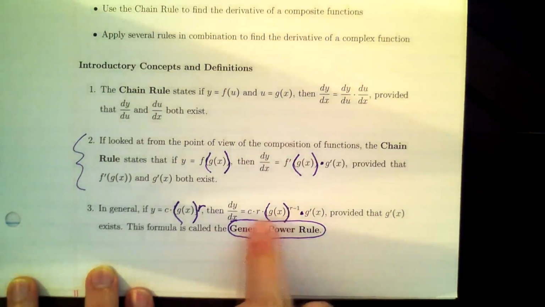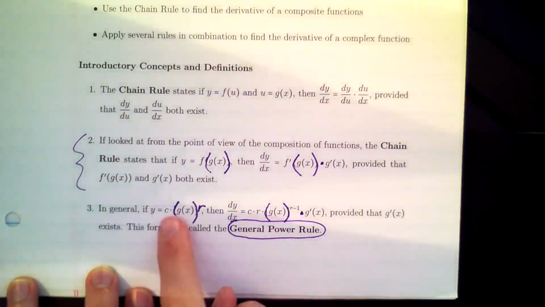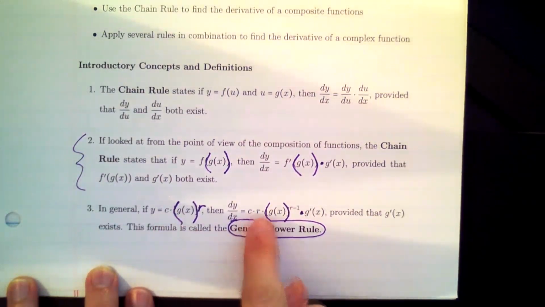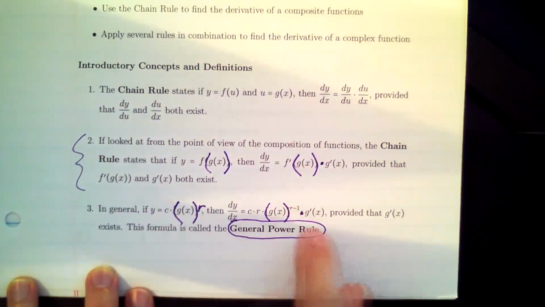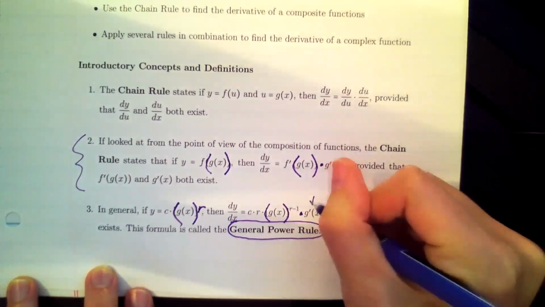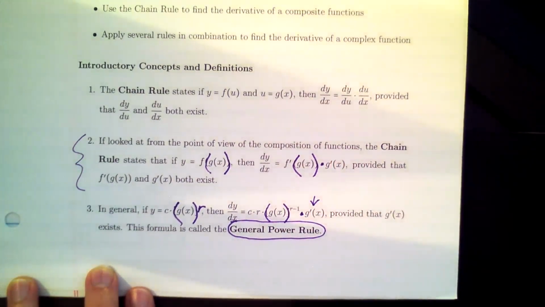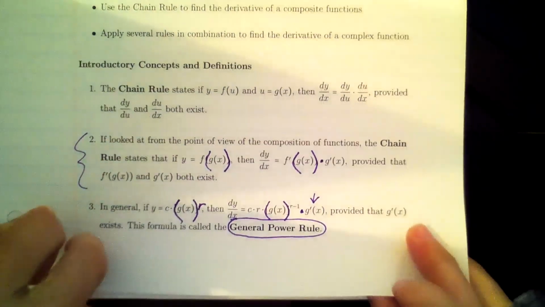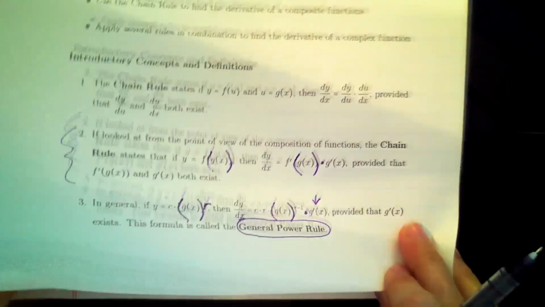So all of the components of a power rule are here. C times r, x to the r minus 1, c times r, g to the r minus 1. But I have this extra little bit here that I've got to multiply. I've got to multiply by the derivative of g. So let's practice using this general power rule, which is a subset of the chain rule.